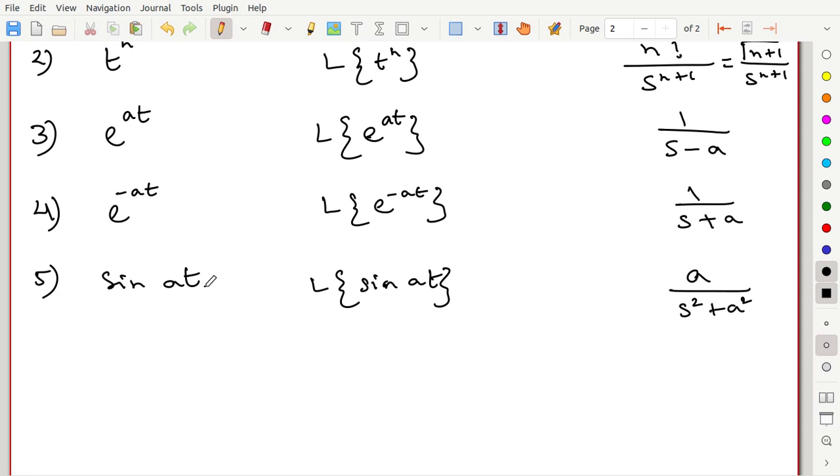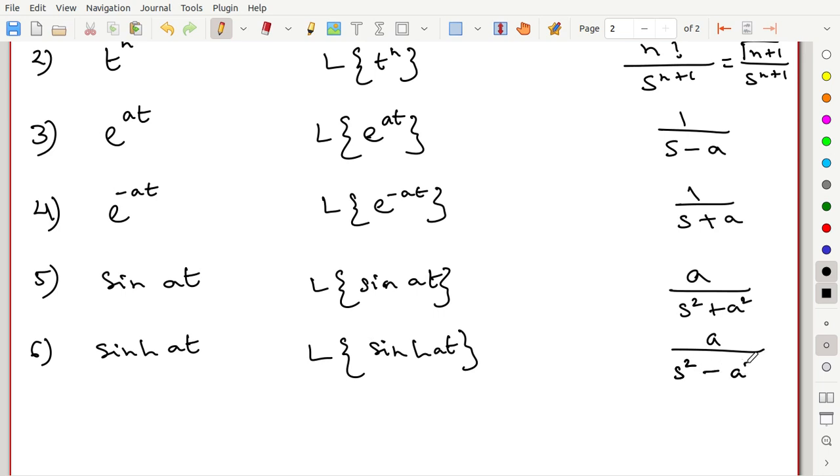If it is a trigonometric function, that is without h, then we have a plus here. From this we can also write sinh of at. This is hyperbolic sine, so the Laplace transform of sinh at equals a in the numerator, and since this is a hyperbolic function, we have a negative sign, s square minus a square. You can remember it like this.